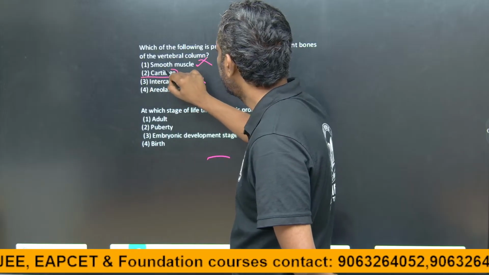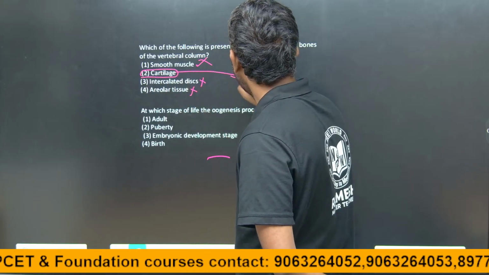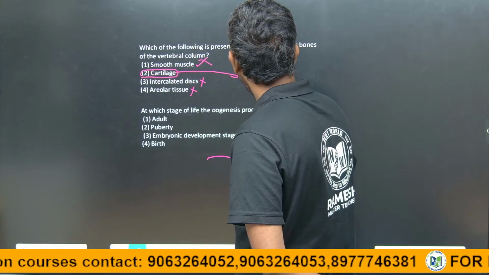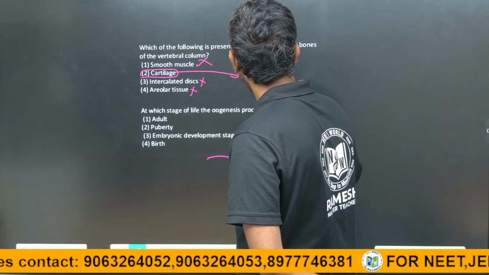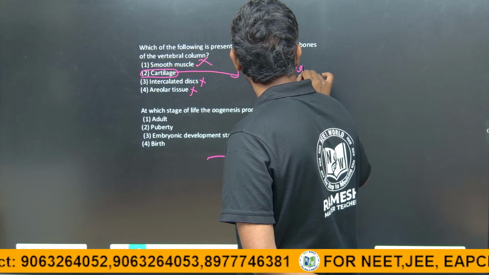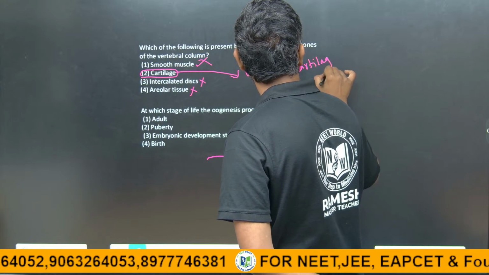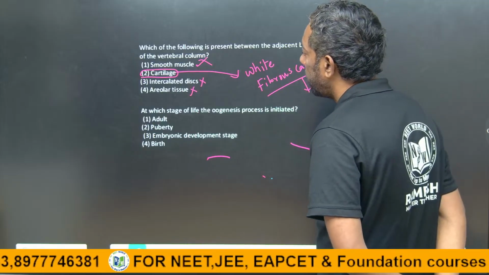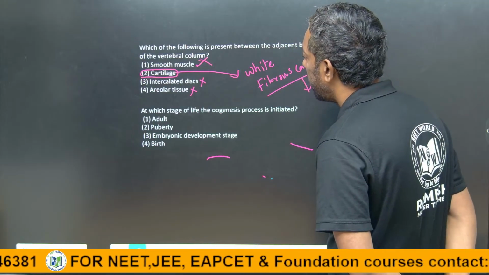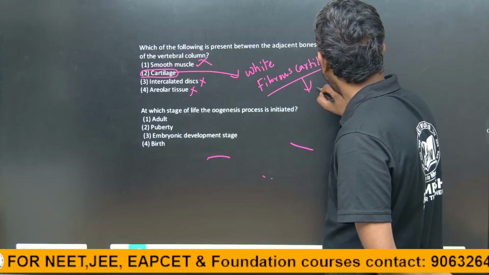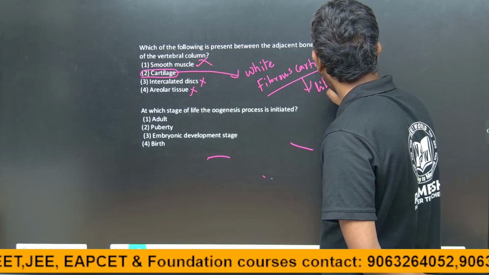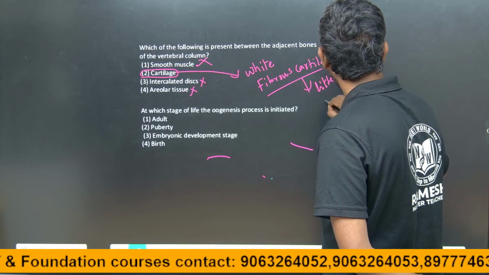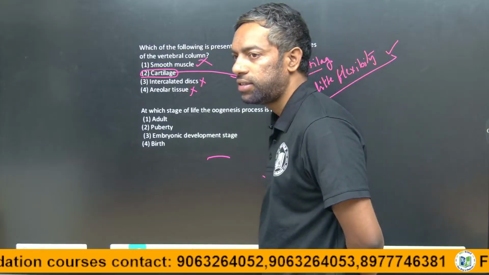Cartilage, white fibrous cartilage, they connect the intercalated discs in the vertebral column for a little flexibility. This is the answer, guys. Okay.